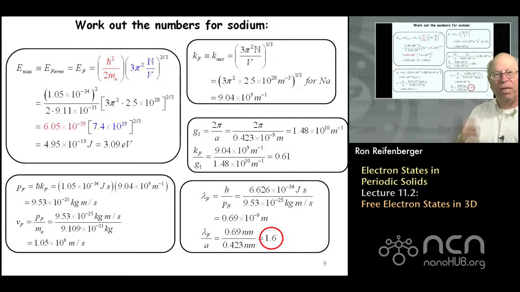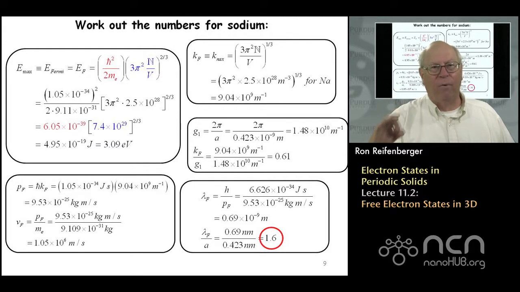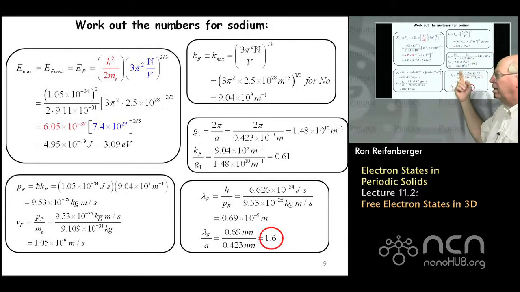And then lastly, we like to make contact to the de Broglie wavelength, which we discussed very early on in the semester, right? The de Broglie wavelength for this most energetic electron is going to be related to 1 over the momentum of that electron. We have to multiply by h, right?